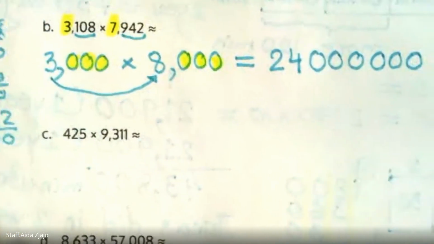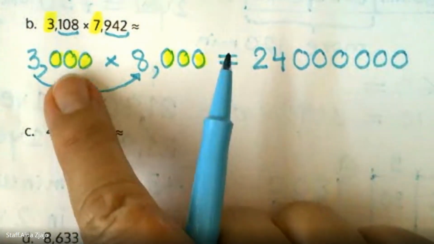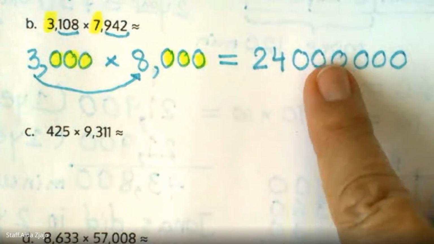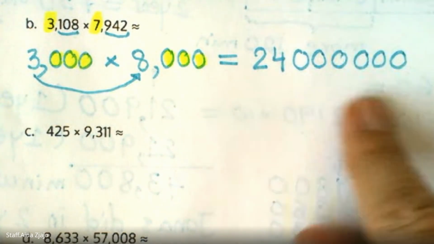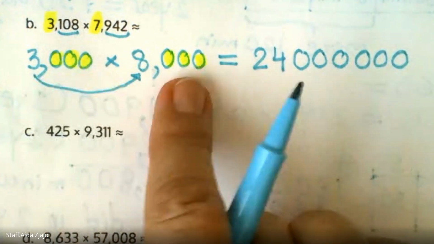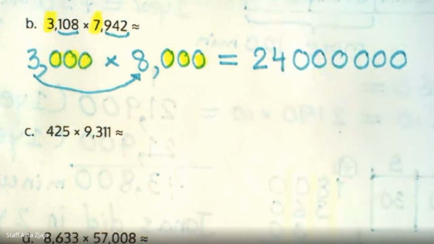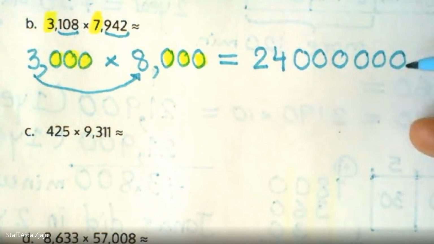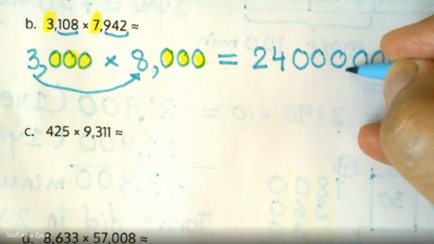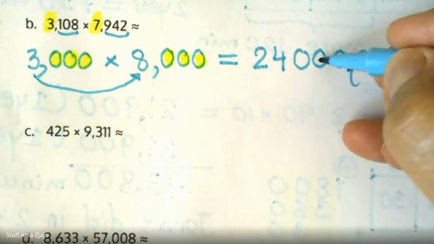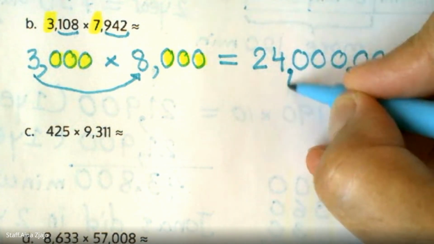When you have your zeros, these 3 zeros and these 3 zeros, they're right here. Do not put commas before you place all the zeros in your answer. Now you go from the back and you think, okay, ones, tens, hundreds, comma. Ones, tens, hundreds, then comma.